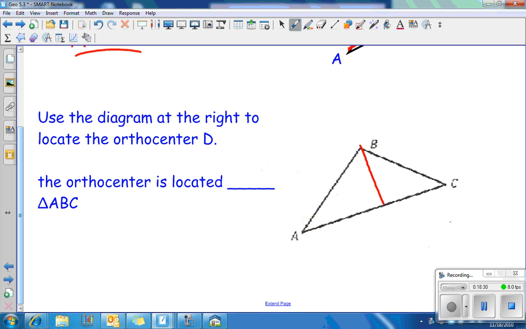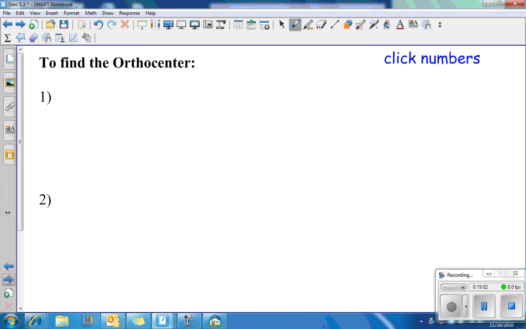So, 90-degree angle. 90-degree angle. And this one? 90-degree angle. So it's on the inside. Again, depending on what kind of triangle you draw, depends on where it lands. And again, the homework, when you manipulate your pictures, you're going to see where it is.